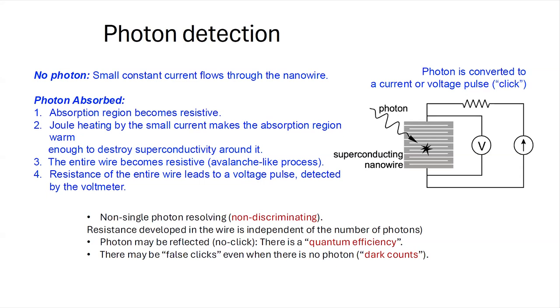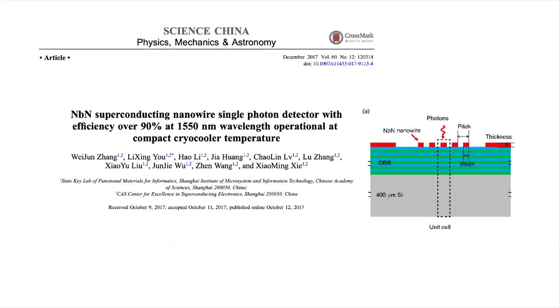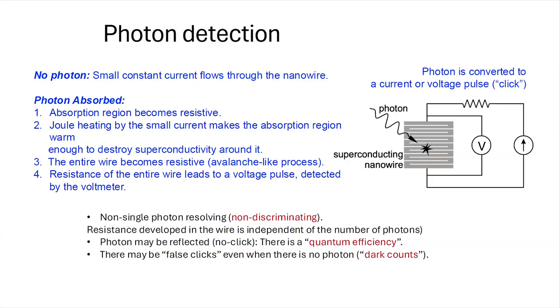Okay, so this is enough for the fundamentals of how these devices work. For photon detection, we now have very high efficiencies, like 90%. Why do we talk about this efficiency? Because you may have some dark counts, and also some errors due to reflection of the photon without a click.